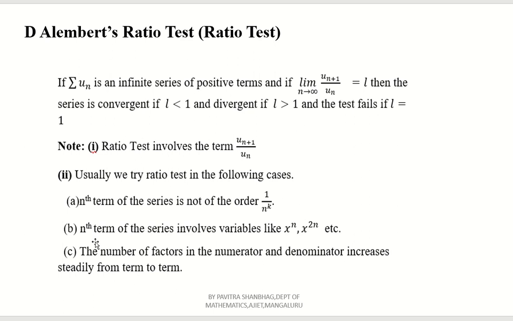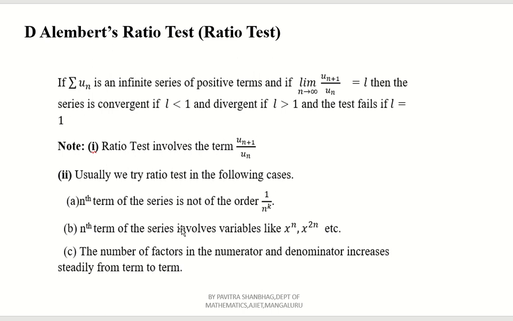Then, the nth term of the series involves variables such as x power n, x power 2n, etc. Third, the number of factors in the numerator and denominator increases steadily from term to term. Once again, when the nth term of the series is not of the order of 1 by n power k, you have to go for the ratio test.